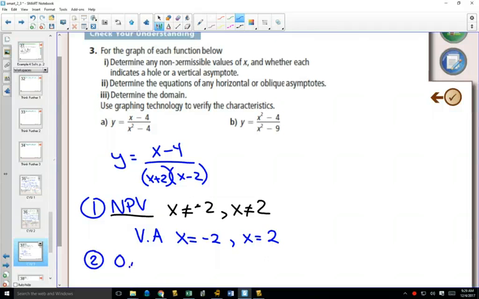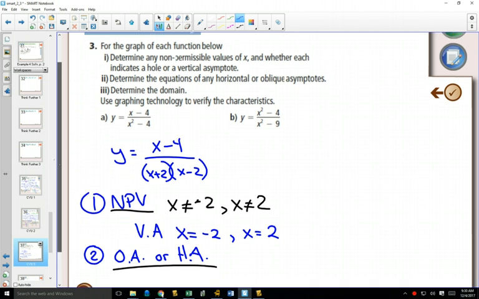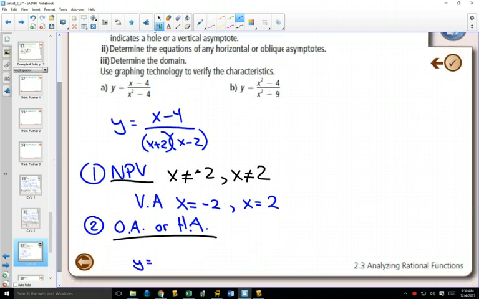Step 2, we're going to look if this has oblique asymptotes or horizontal asymptotes. Higher degree is on the bottom. So if you look at the highest degree, it's the x squared. We have 1x squared on the bottom, no x squareds on the top.